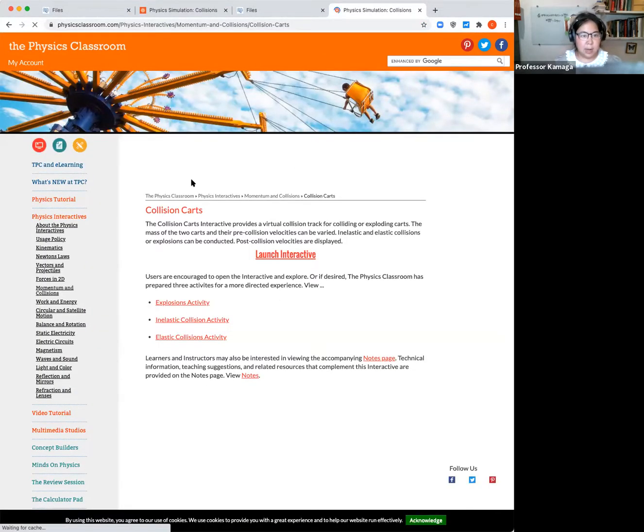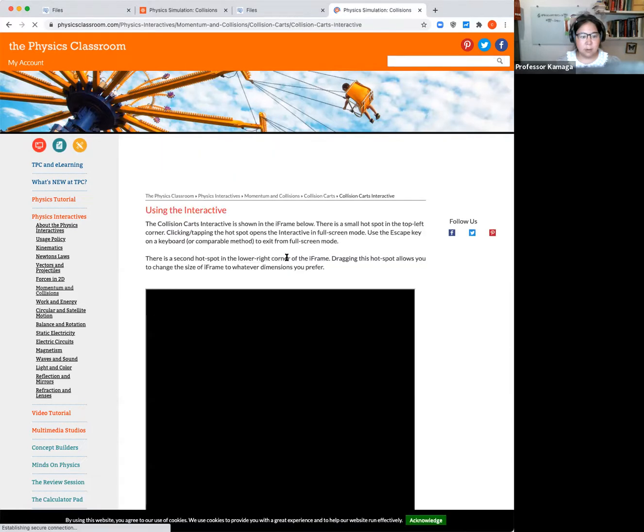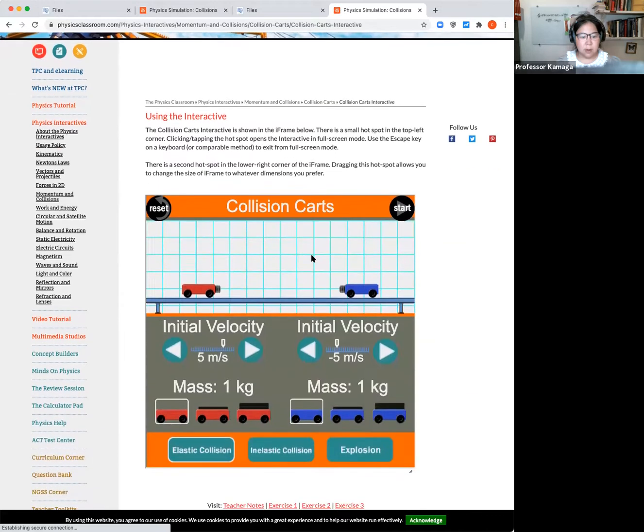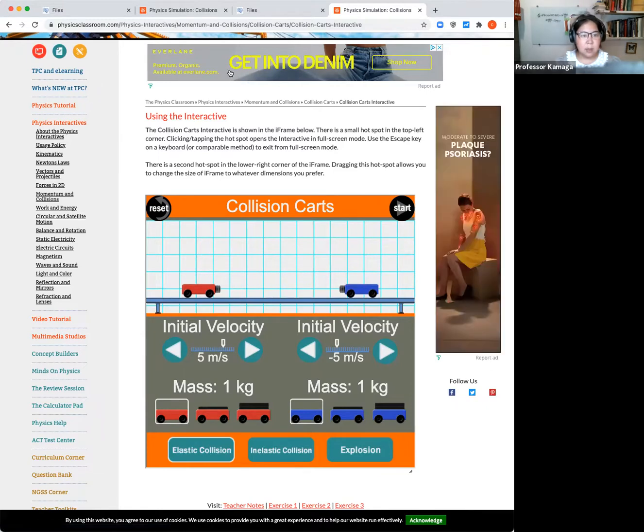And this is the website that you do the simulation. And what I want you to do is to do the Launch Interactive, plus here. And here you get to choose elastic collision, inelastic collision, and explosion.